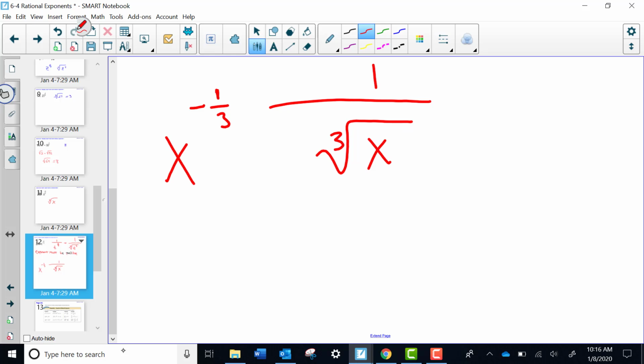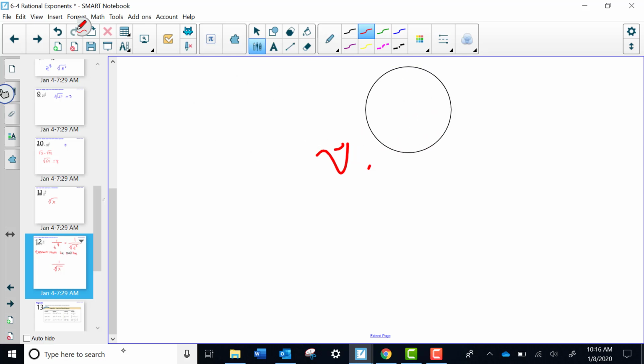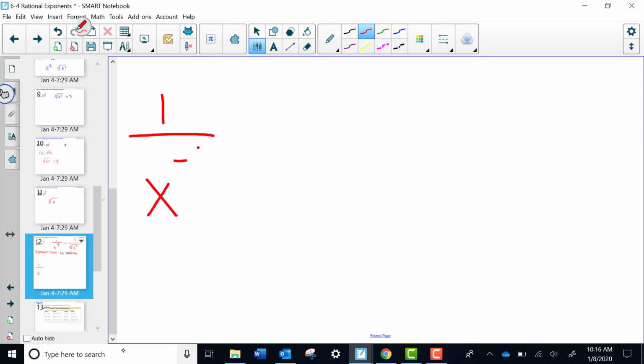All right, one more with a negative exponent. I'm gonna give you two more with a negative exponent. That's one example, and here's another example.